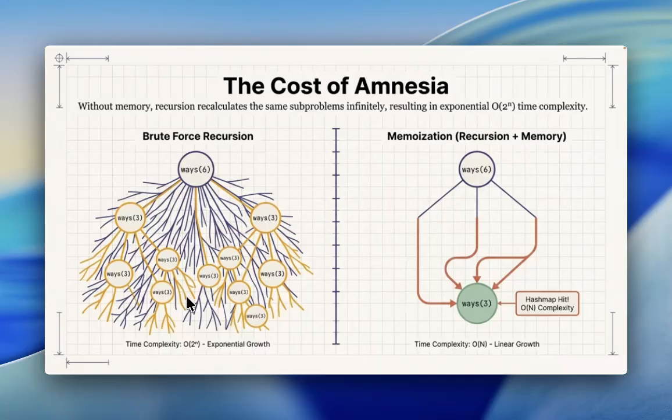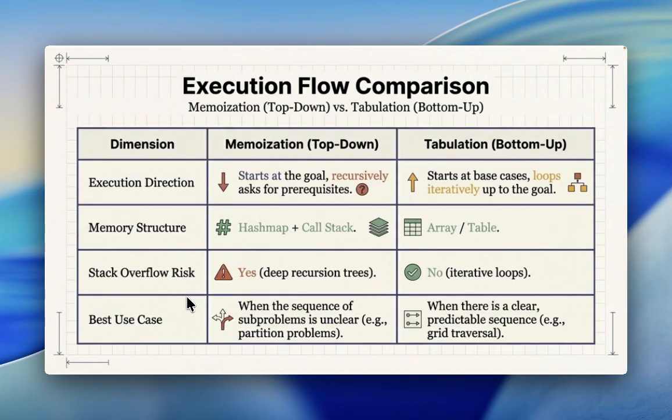Without memory, recursion recalculates the same subproblem infinitely, resulting in exponential O(2^n) time complexity. This is brute force recursion. But if you bring in memory, your recursion just goes to O(n), which is linear growth. In a hash map, you go for only 3 ways.